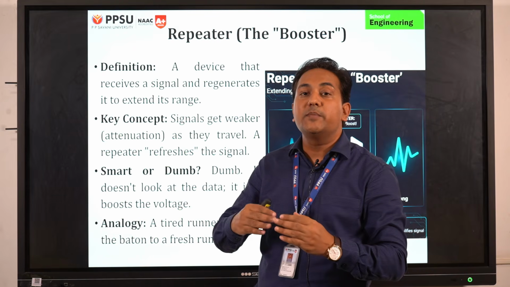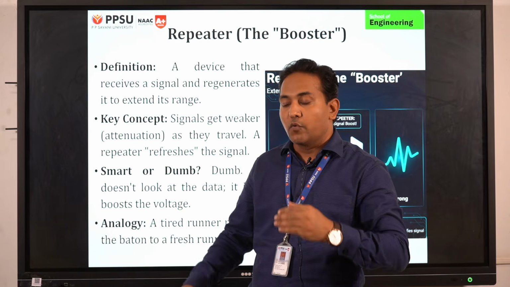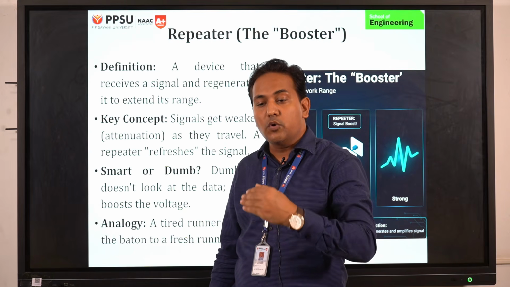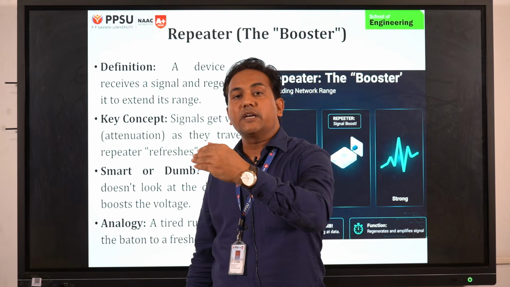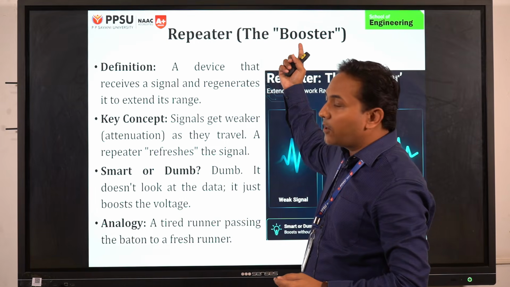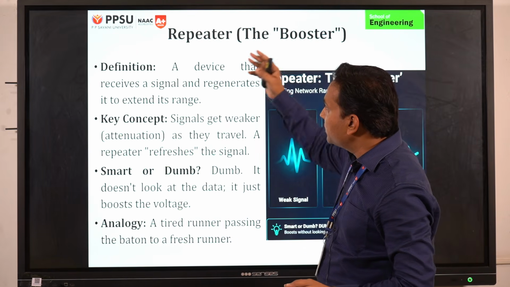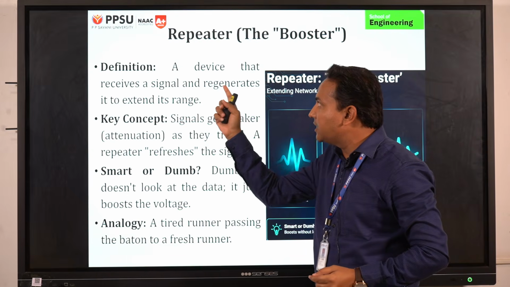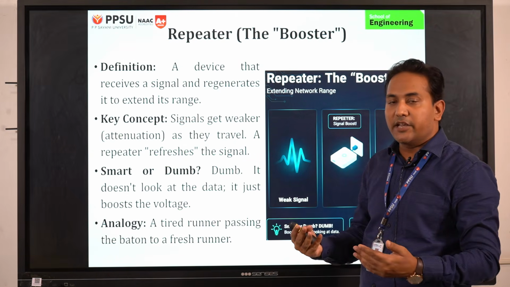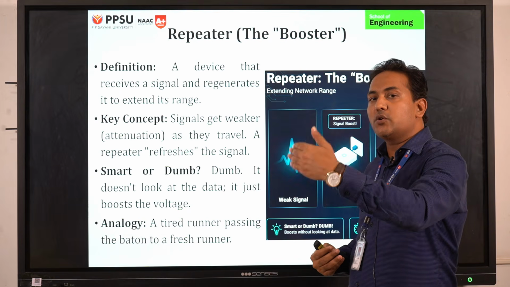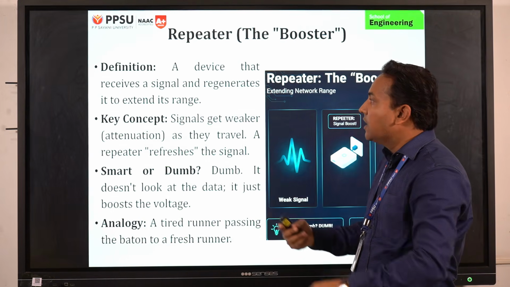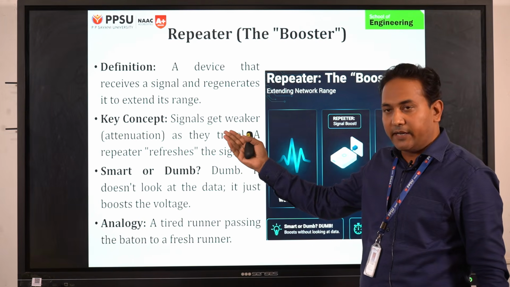Attenuated means there will be a reduction in the power. So in some cases you need a repeater, or in easy language the booster: a device that receives a signal and regenerates it to extend the range of that signal. The key concept is attenuation.